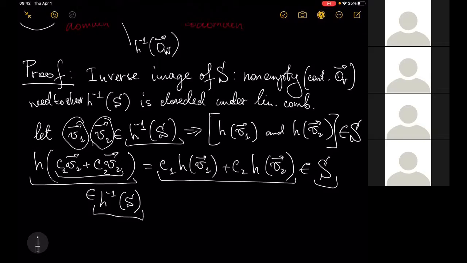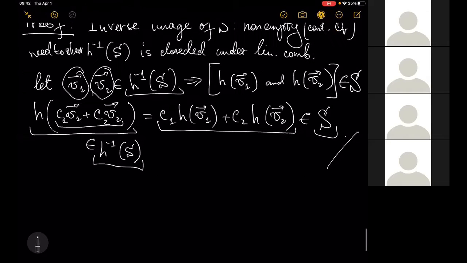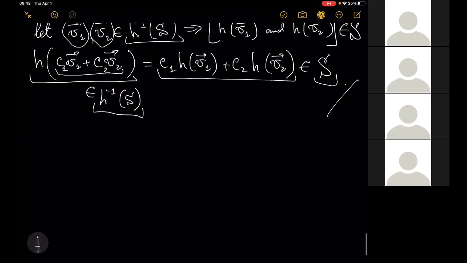So that's it. So I have shown that there is a closure with respect to the linear combination of the vectors.